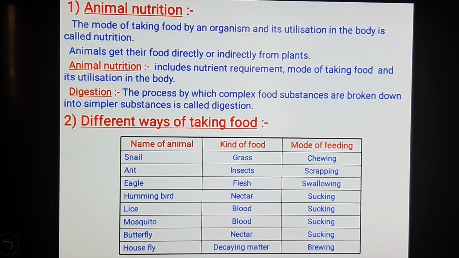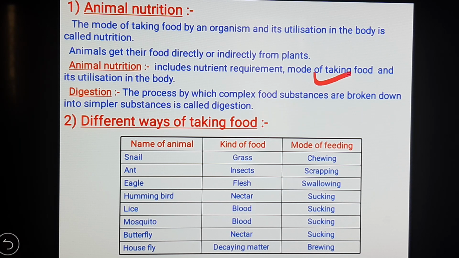Now here the second point is nutrition in animals. Animal nutrition includes nutrient requirement, mode of taking food and its utilization in the body. Means each and every animal needs different types of nutrients for the growth of the body, for getting energy for the body.